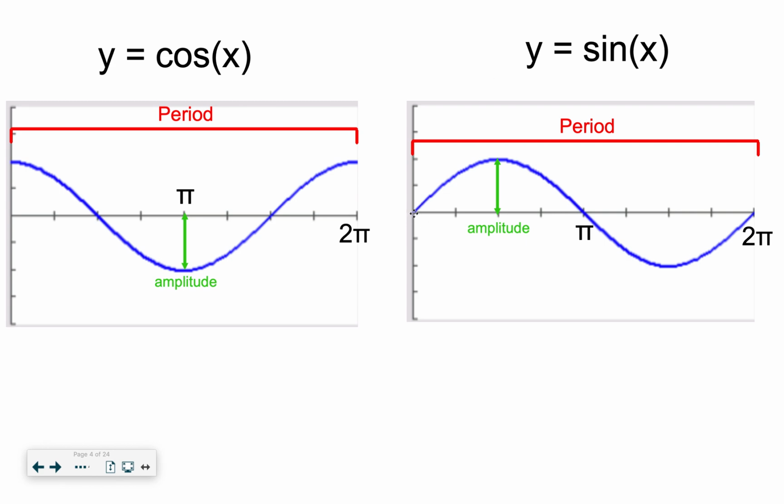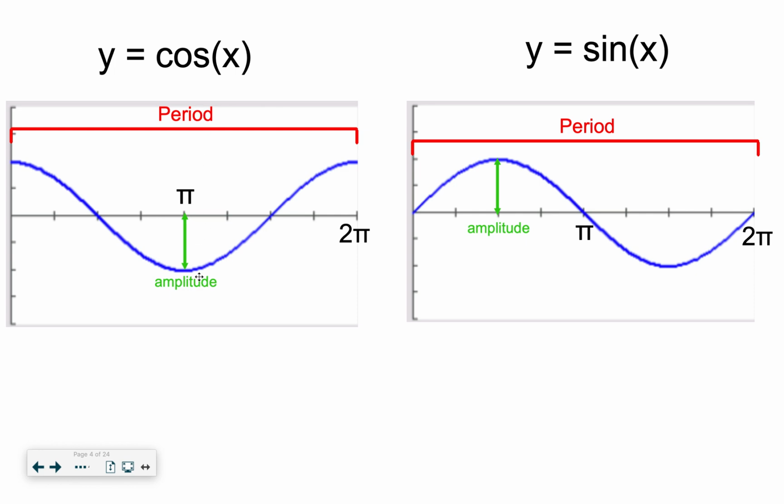The sine wave starts right on the 0, and then it goes up, down, and back to 0. Knowing the shape of these graphs will really help you, especially when we get to secant and cosecant and more challenging graphs.